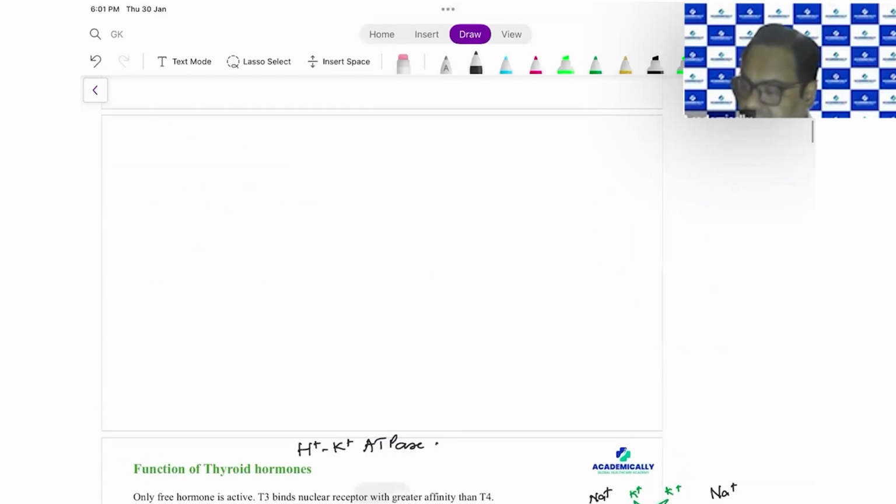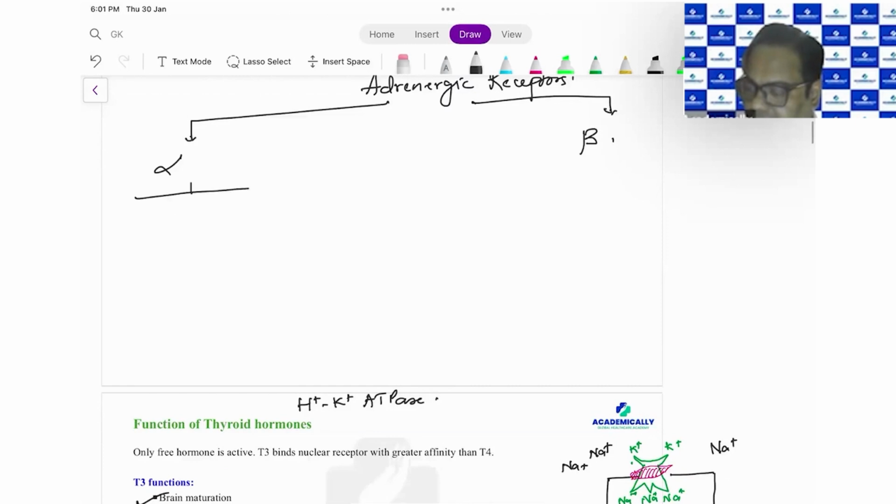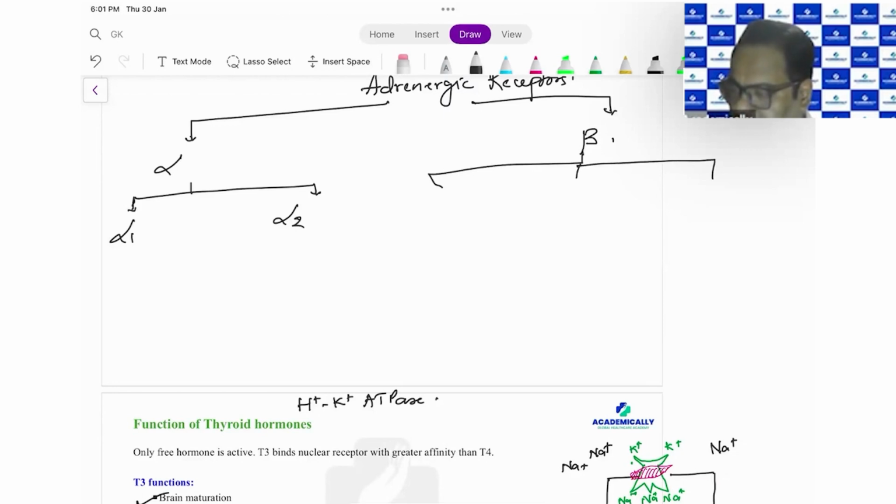Now, let me use this. Adrenergic receptors, if we see, are of two important types. They are alpha and beta. Alpha are again two types: alpha 1 and alpha 2. Beta are again three types: beta 1, beta 2, and beta 3.